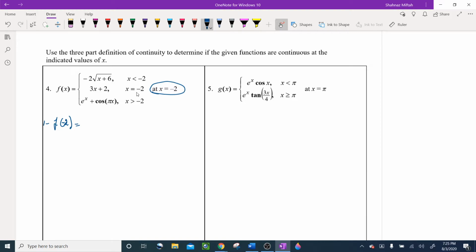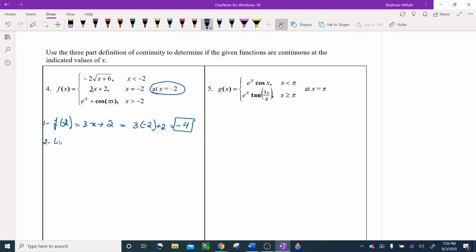But this one is x equals negative 2. So it means I'm going to use that one. So 3x plus 2. I'm going to plug it in. 3 times negative 2 plus 2 gives me negative 6 plus 2. So it's negative 4 right there. So that's my defined point.